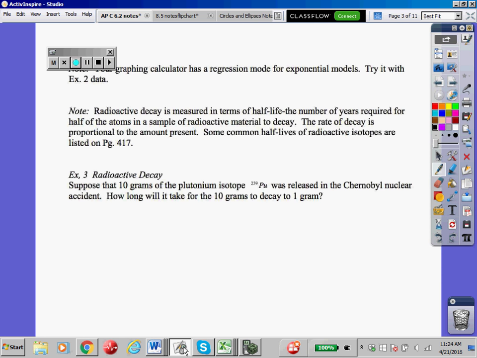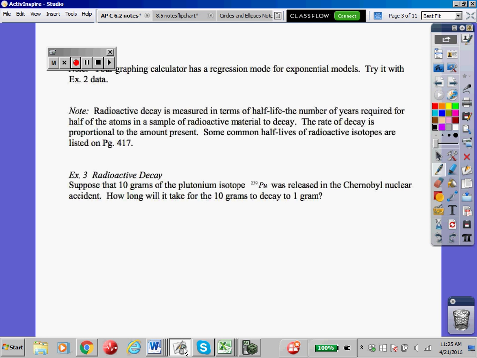Some common half-lives of radioactive isotopes are listed on page 417 in your textbook. Example 3, suppose 10 grams of the plutonium isotope 239 was released in the Chernobyl nuclear accident. How long will it take for the 10 grams to decay to 1 gram?